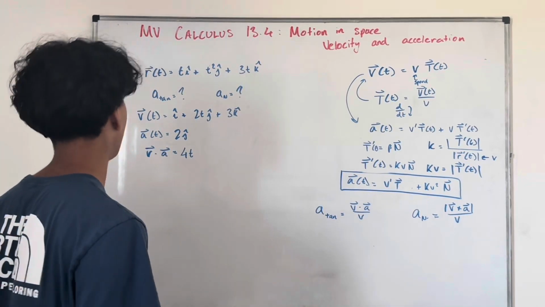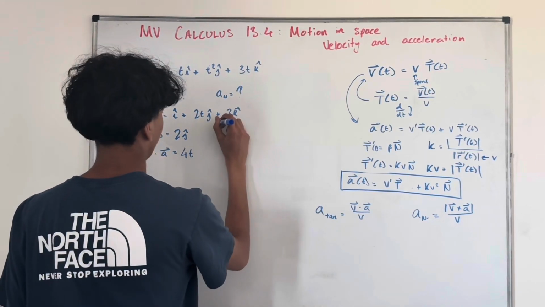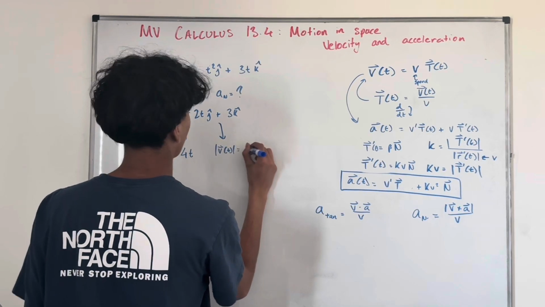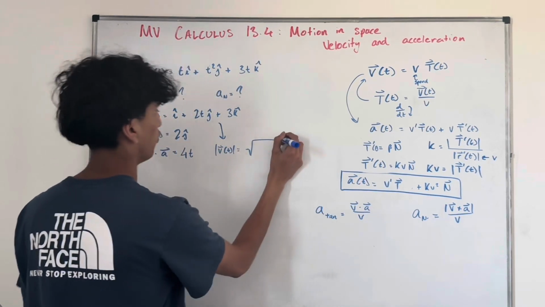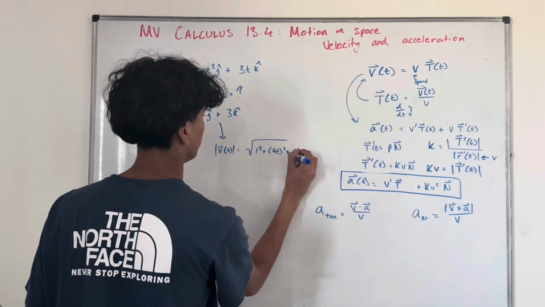Then I divide this by the magnitude of v. So the magnitude of v of t is going to equal the square root of 1 squared plus 2t squared plus 3 squared.